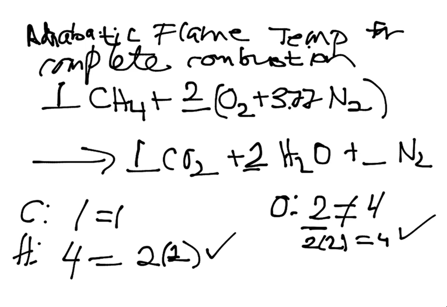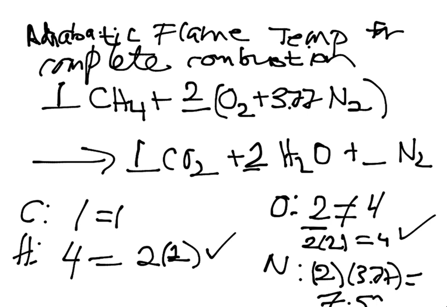All right, and then for our nitrogen, our final, we have 2 times 3.77 on the reactant side, and then we also have N2. But we're going to leave these the same because we also have N2 on the other side. So in order to balance this, 7.58.